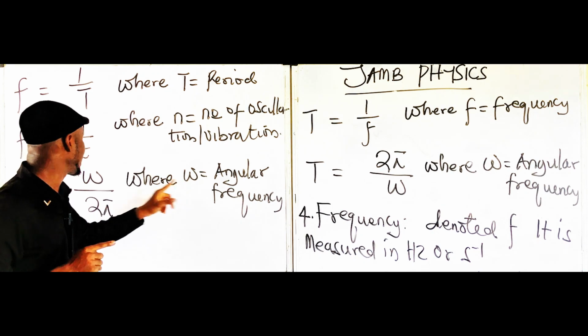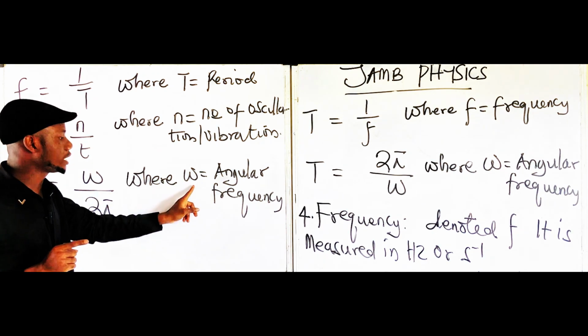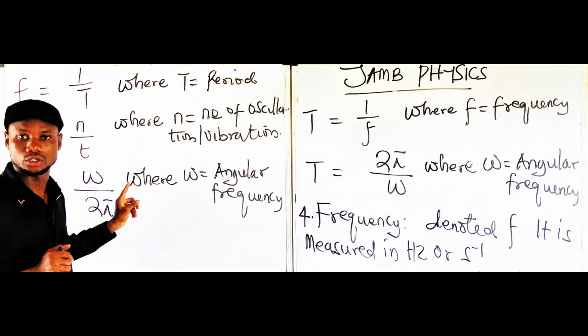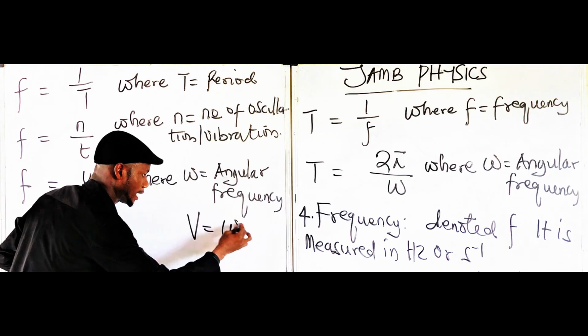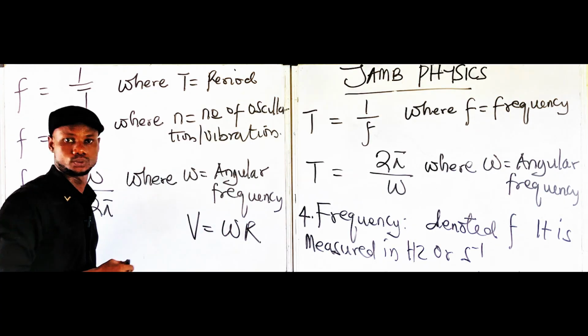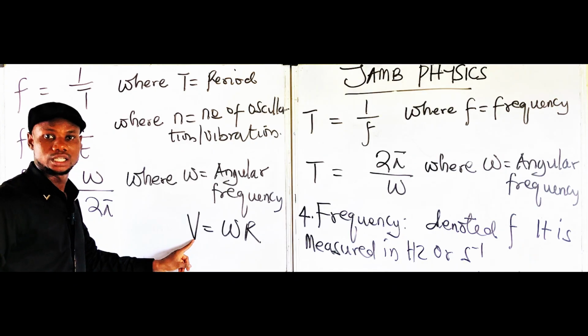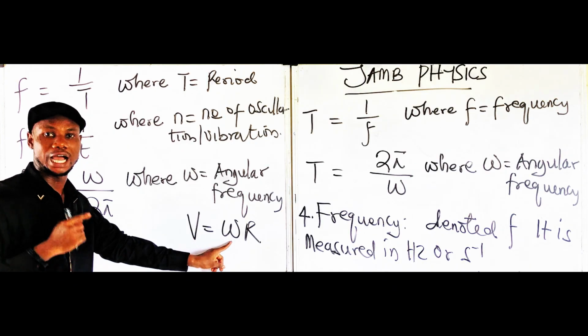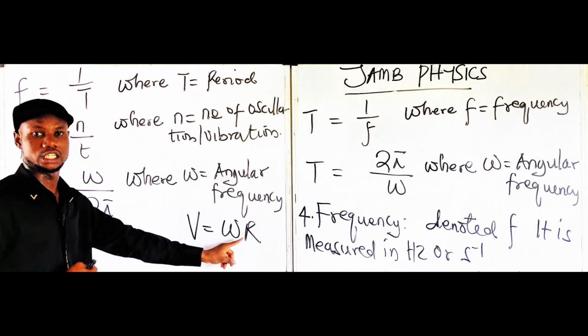If you are relating omega with frequency, you call it angular frequency. If you are relating omega with velocity, we call it angular what? Velocity. Like from this formula here, V is equal to omega R, from your secondary school. Remember? Now, I'm relating this omega with velocity, so I have to call it angular velocity. Okay? I have explained this in our previous video.